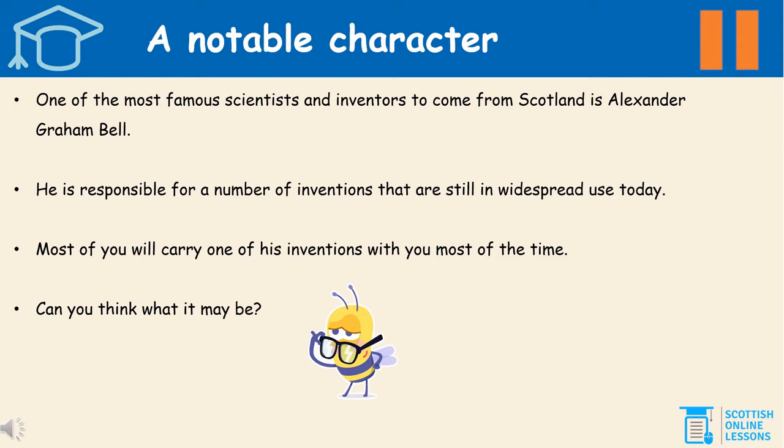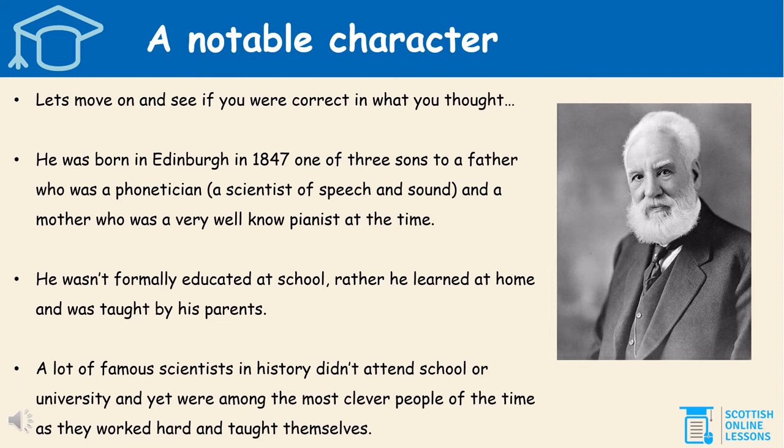If you guys are anything like the kids I teach in my school, this will probably be on the desk at all times, in your pocket, in your hand, attached to you like a limb. Can you think what it may be? Pause the video and formulate your thoughts. So let's talk a bit more about Alexander Graham Bell, and we'll come back and see if you were right in a wee minute or two.